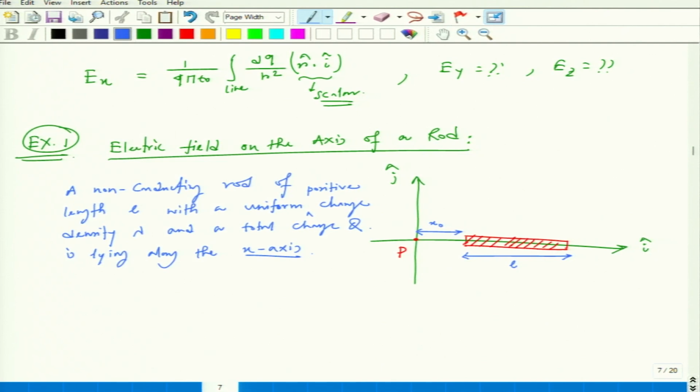So this is the statement of the question and the corresponding figure on the right hand side.